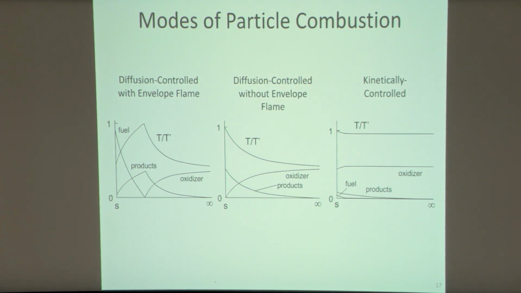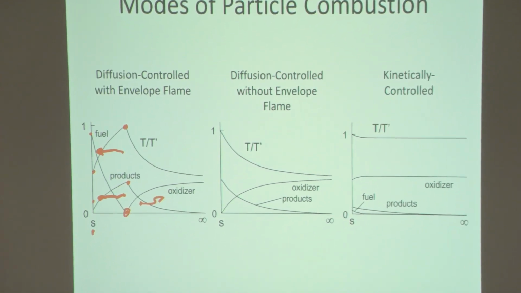Schematically looking at the surface here, going far away, the fuel is vaporized, it diffuses out into the flame front, oxidizer diffuses in, they meet where their mixture is near stoichiometric, and that's where the temperature will be the maximum. And because the temperature is high here, heat diffuses back towards the surface, and that heat is used to vaporize the aluminum. Okay. And the products are obviously at a maximum here. They'll diffuse to a certain concentration at the surface and diffuse outward.